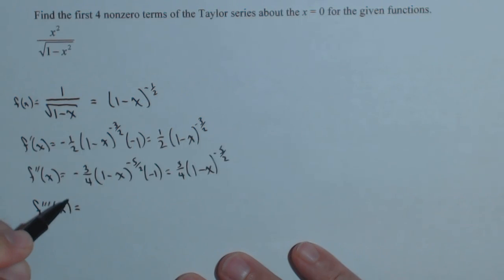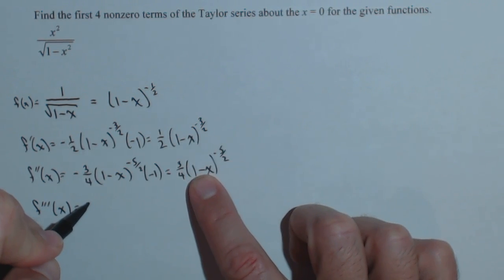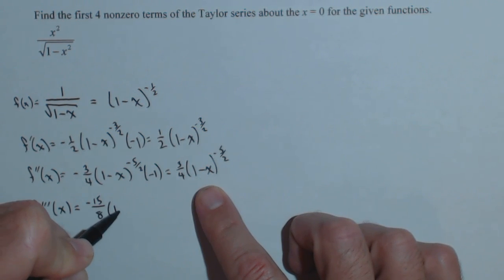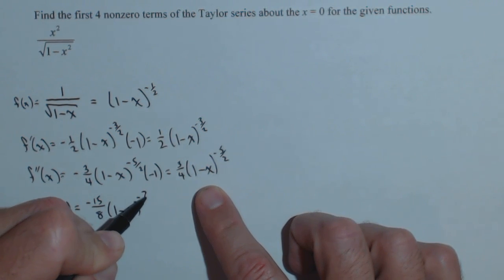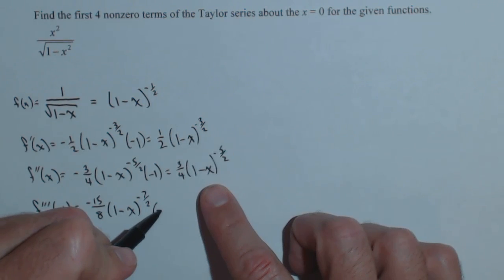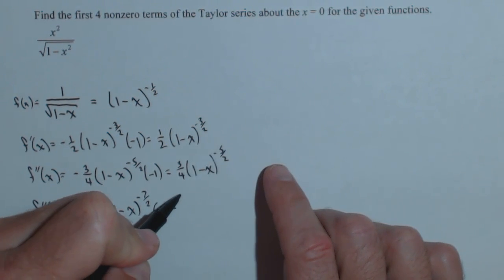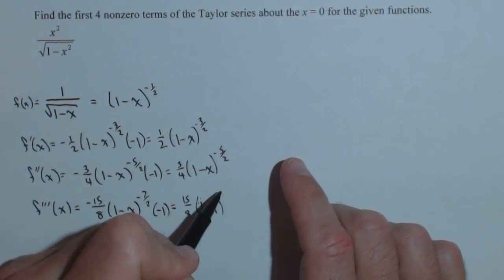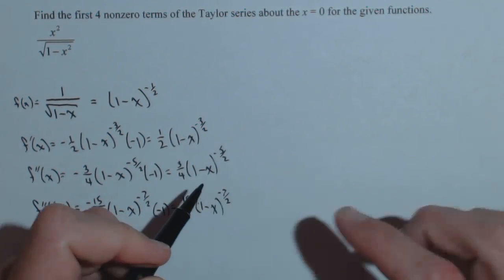So f triple prime of x, we're going to have negative 15 over 8 times 1 minus x to the negative 7/2, once again times a negative 1, which makes that a positive 15/8 times 1 minus x to the negative 7/2.